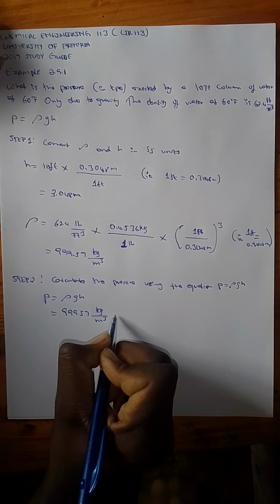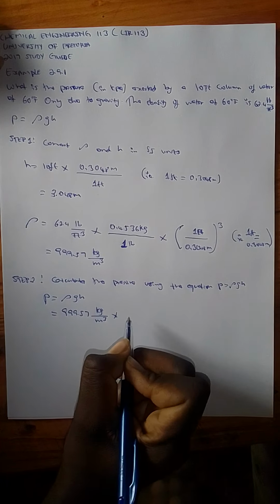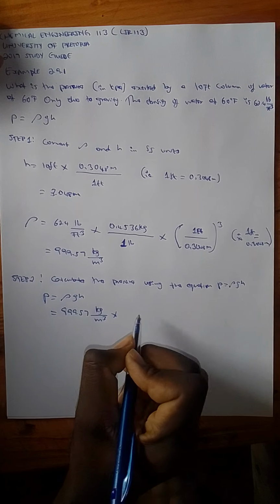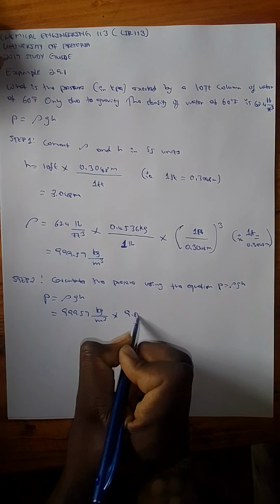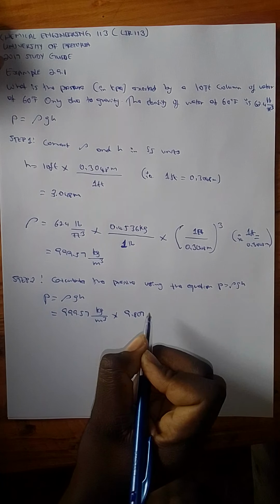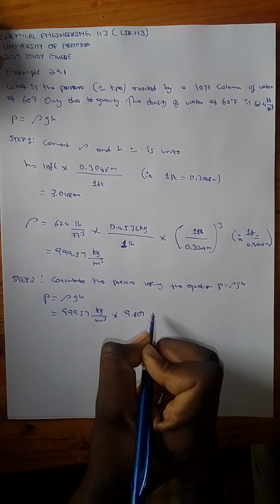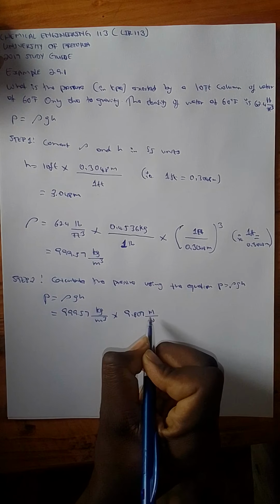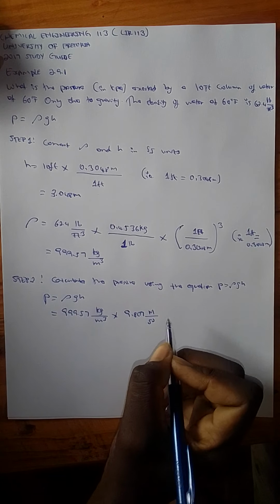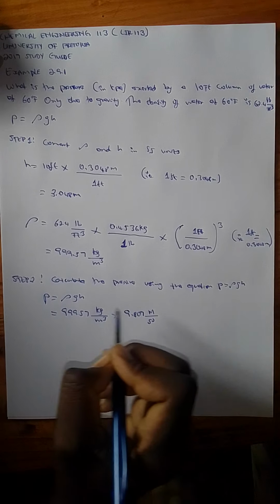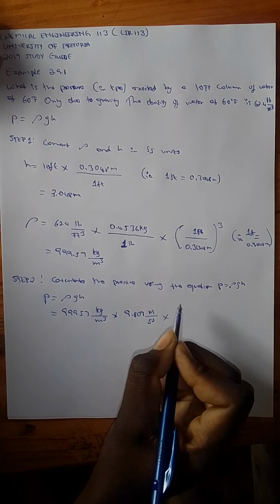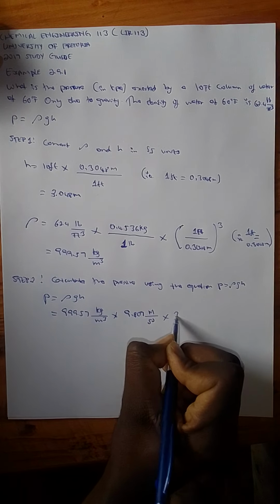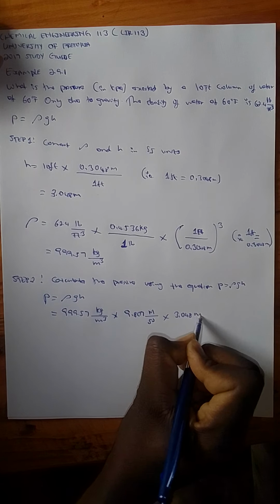Now G is our gravitational constant, and in SI it is 9.807 meters per second squared. Remember, it's acceleration. Then our height becomes 3.048 meters.